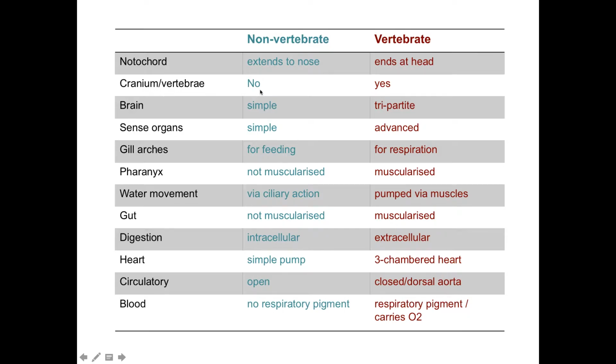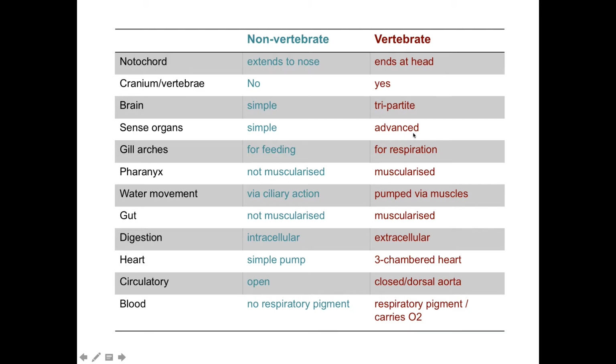This table summarizes those differences between the vertebrate chordates and the non-vertebrate chordates. In the vertebrates, the notochord stops before the head, ends at the head, sorry. They have a cranium surrounding the brain, which is tripartite. There are 3 parts to it, rather than a simple brain as in the non-vertebrate chordates.